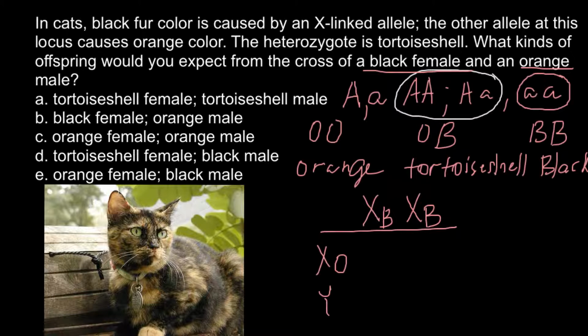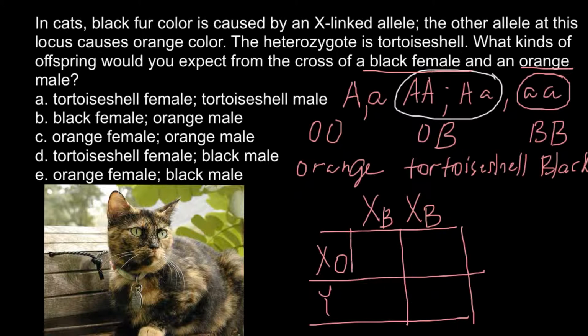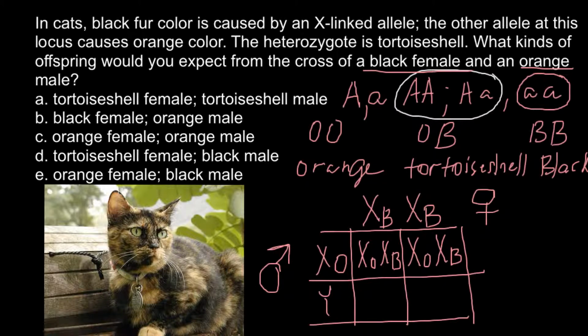So now we can build a Punnett square and see what kind of genotypes and phenotypes such a cross would produce. This side is male and this side is female. The female is black and the male is orange. Here we would have XO from the male and XB from the female, and here we would have XB from the female and the Y chromosome from the male.